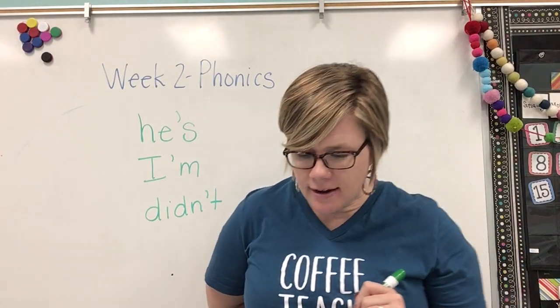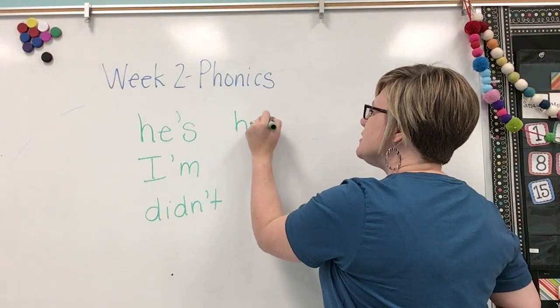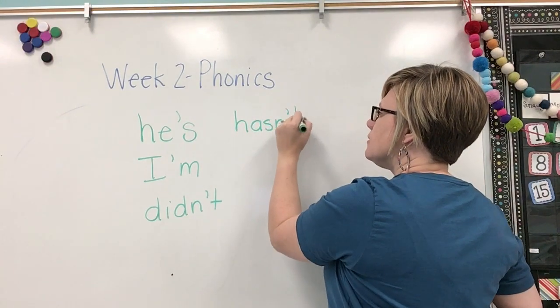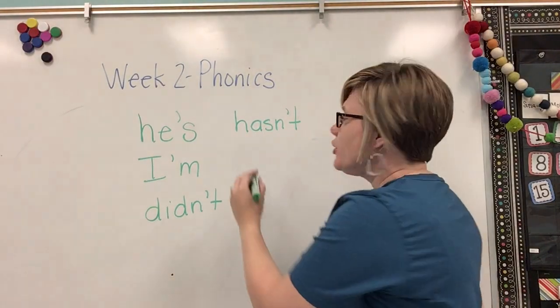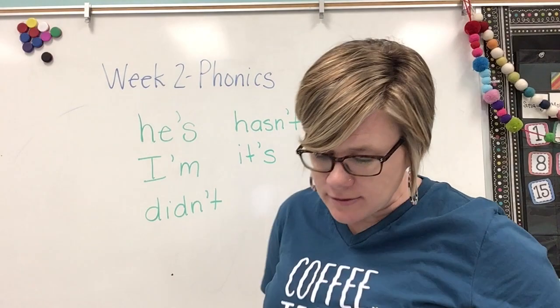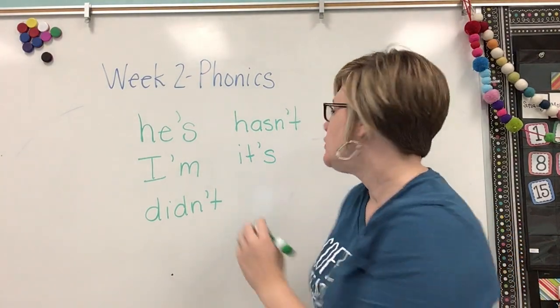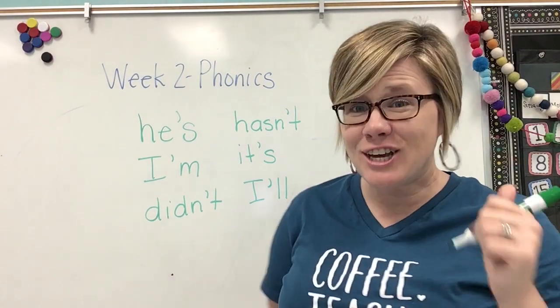Your next one is has not. Your contraction is hasn't. Your next one is it is, and your contraction is it's. And your last one was I will, which the contraction is I'll. Did you get them right?